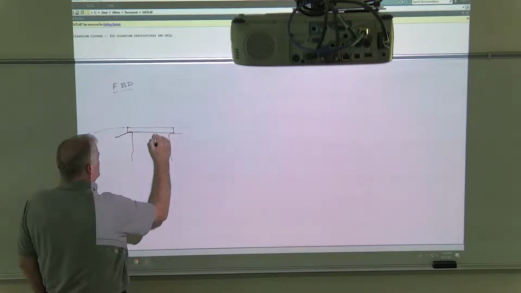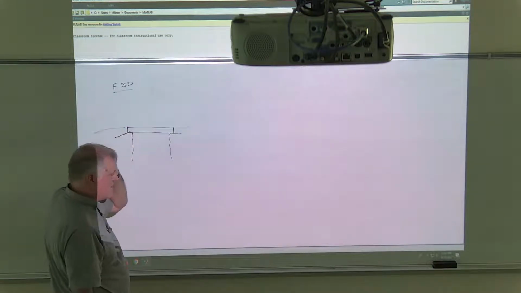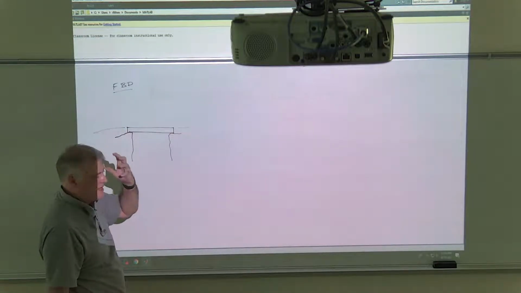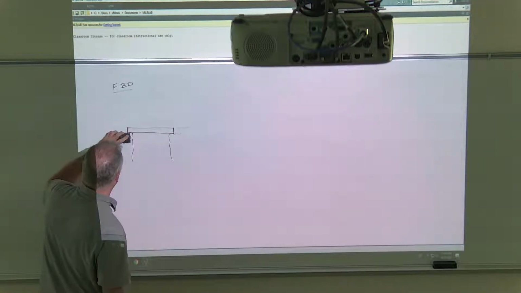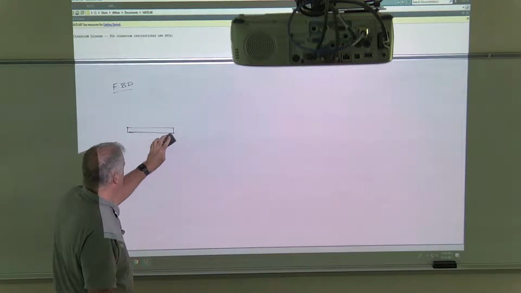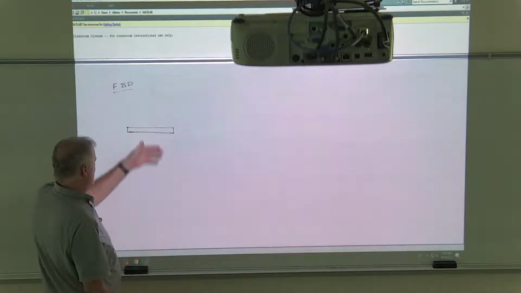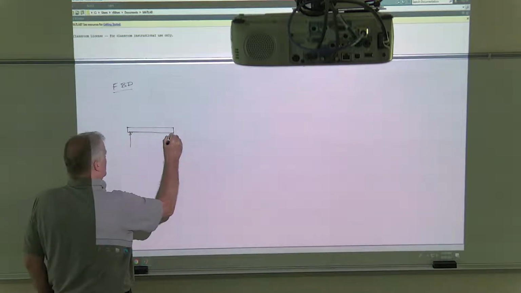But the free body is basically make it free. In your mind, you're visualizing something that's not going to occur, and what you're doing is cutting all the supports away from things. But when you cut them away, obviously the thing's just going to fall, so you have to replace it with the equivalent load on it.